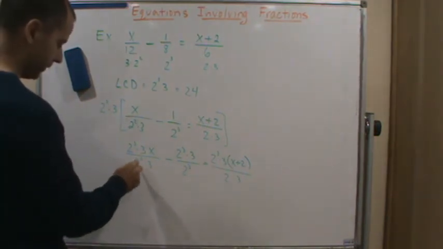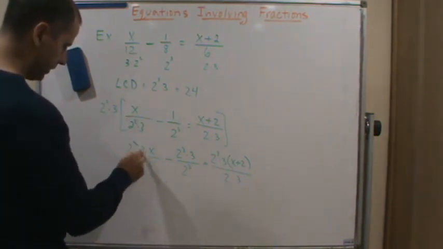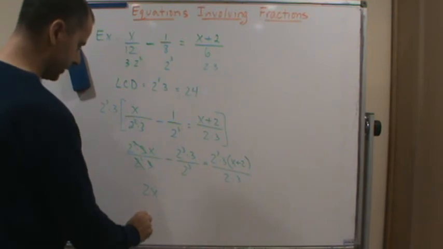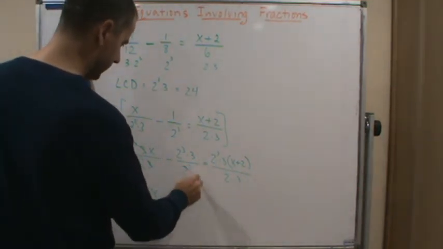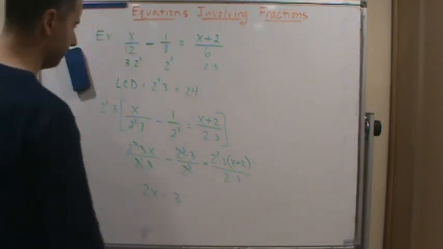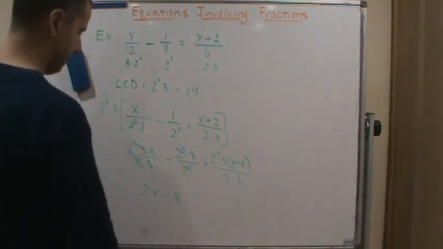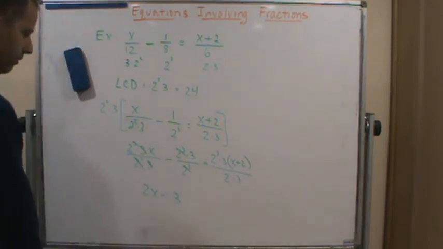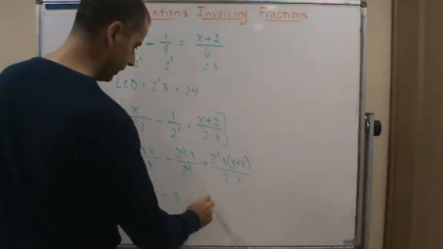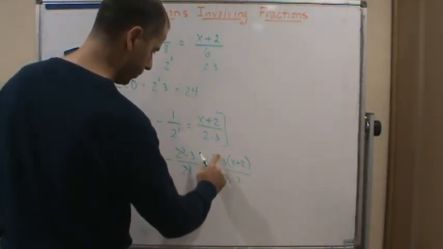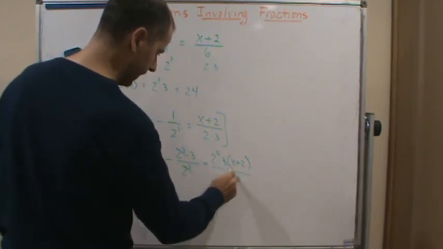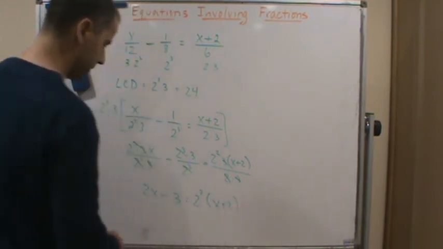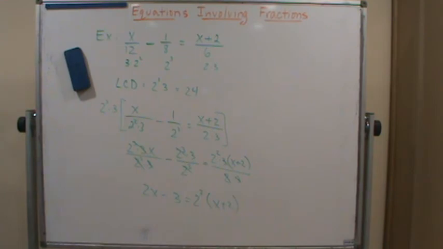I get things that cancel. This cancels with that, 3 cancels with this, and I get 2x minus, this cancels with this, and I get 3. And then this cancels with one of these, and the 3's cancel, and I get 2 squared times x plus 2.